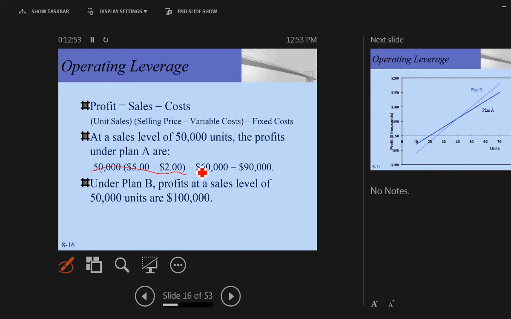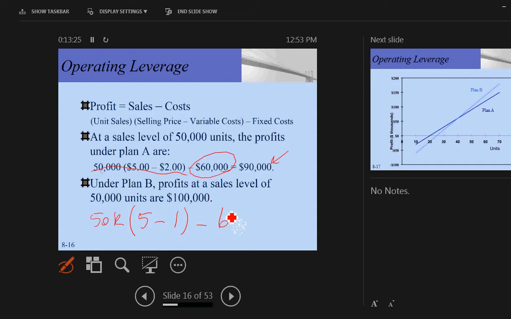Now, what's the cost that you've incurred to actually put together this factory? It's $60,000. So this means that at this particular level of production, your profit is $90,000. Under Plan B, though, it's going to be different. So you're going to have 50K times 5 minus 1 this time, right? And then minus, was it 100?